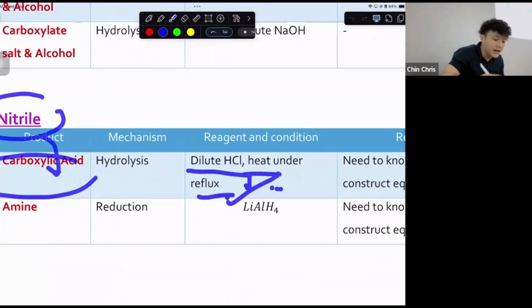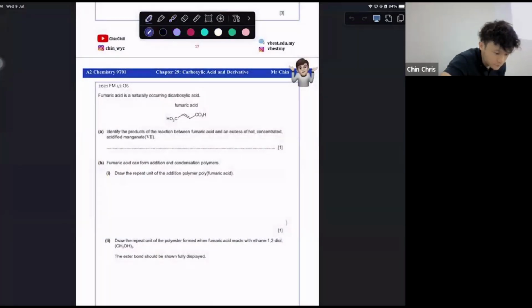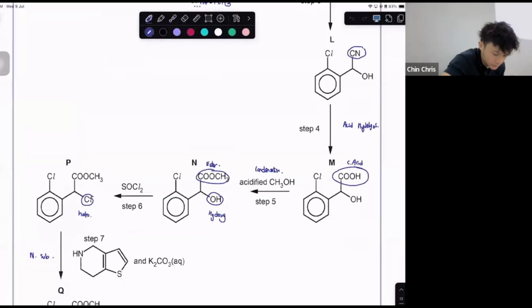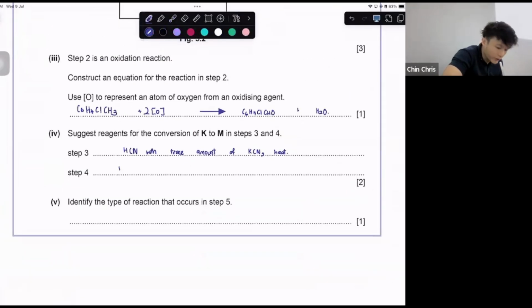That's your AS reaction as well. It's okay, you can write any H plus. And H2O, because I need to show that it's a hydrolysis.